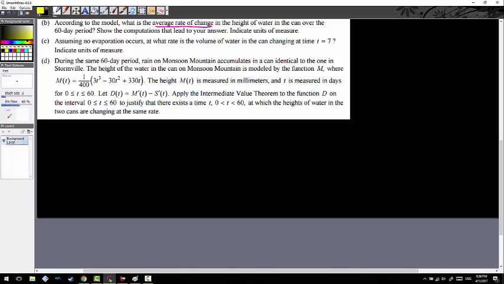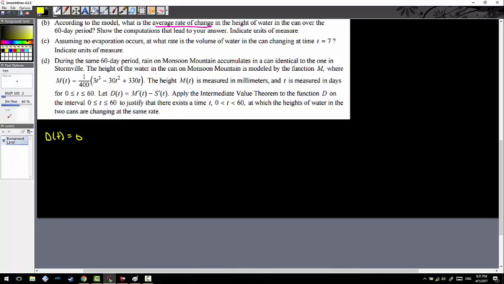So they're kind of baiting you in a good way, because they're saying apply the intermediate value theorem to show that they do change at the same rate. They're already telling you, yes, these two cans do change at the same rate. But we have to now prove that. How do we do that? Well, if this statement was true, that means that d of t would have to equal 0 somewhere.